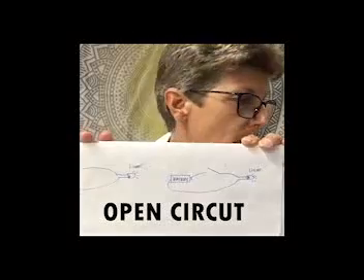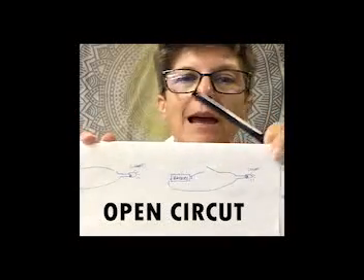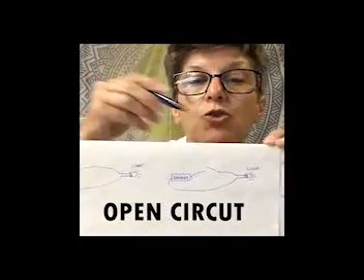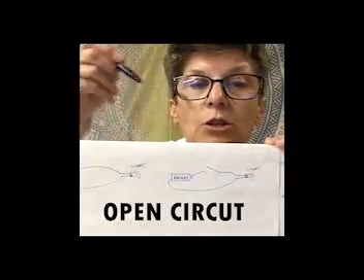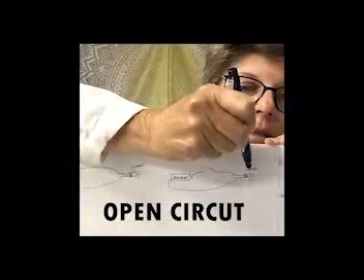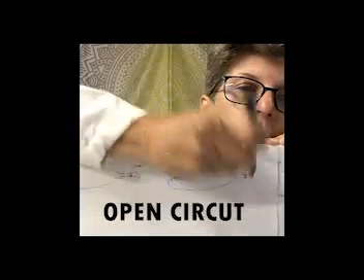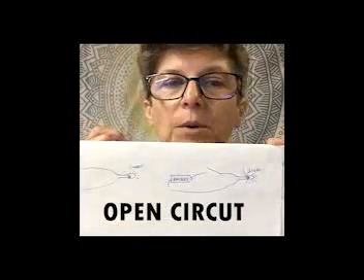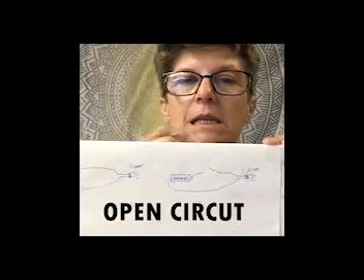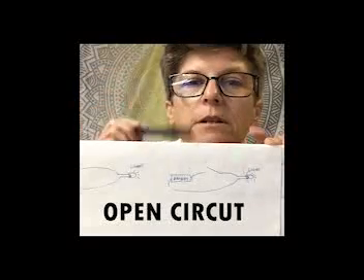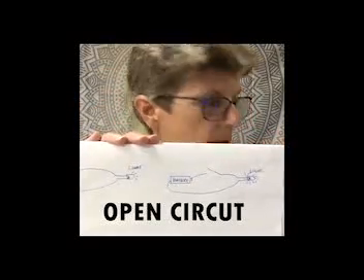And in an open circuit, you don't get any electricity traveling in the circle. So this light, see if I can mark it off. That light can't light up because the electricity can't travel in that circuit.